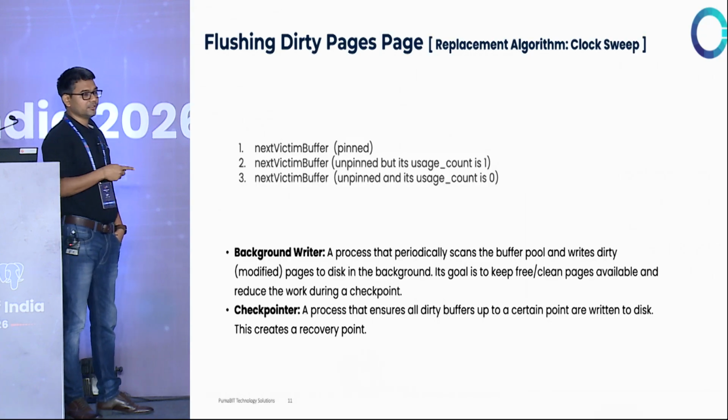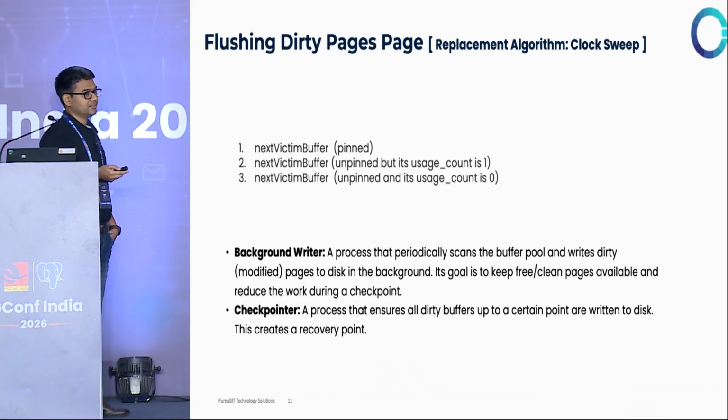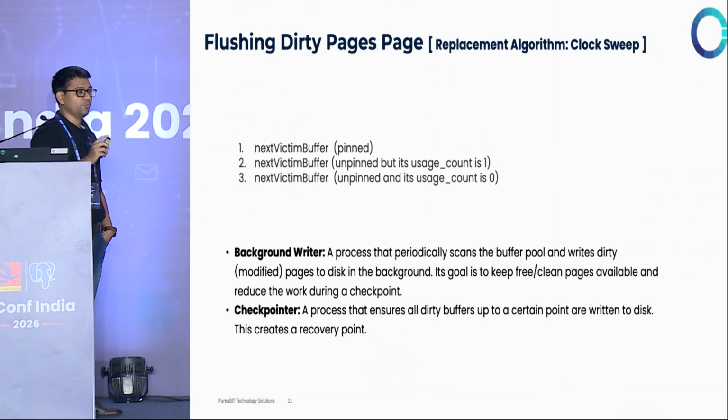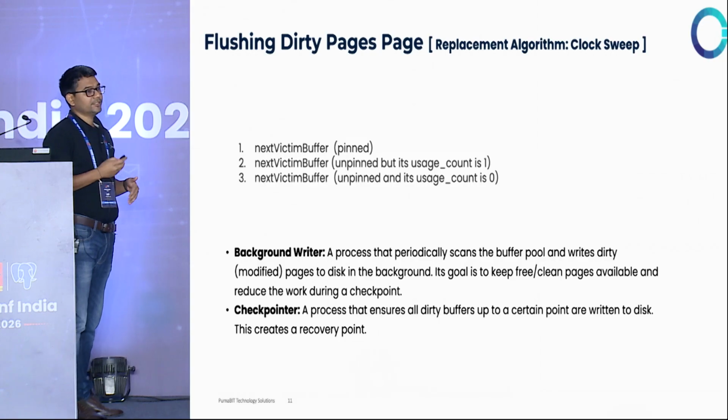To do all this job of evicting and flushing the dirty page, there are 2 processes: the background writer, which works as needed, and a frequently run background process, the checkpointer, which does this task frequently. So there are 2 background processes which help the buffer make sure that the data is reused.